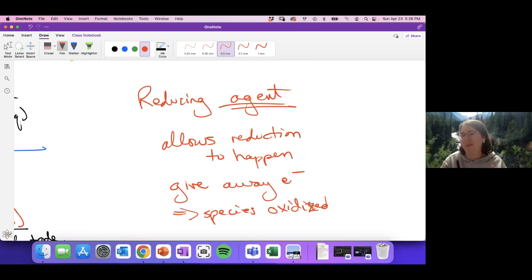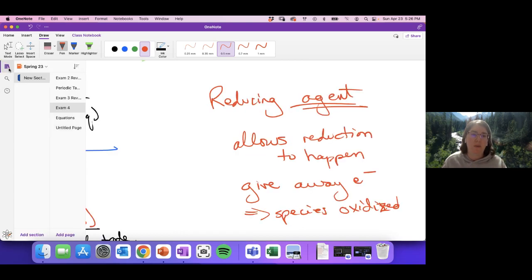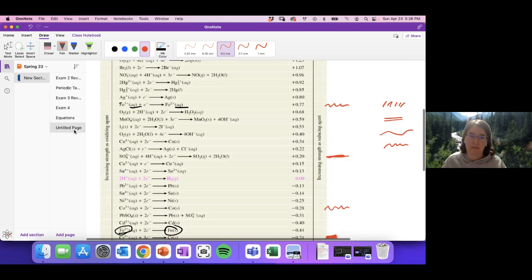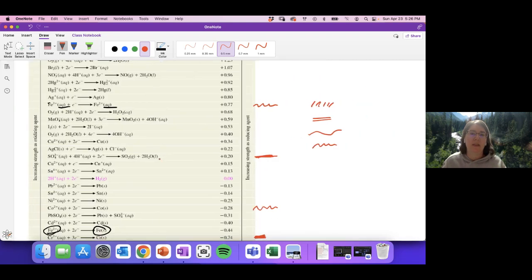Now, there's a couple of things with this that are really important. So when we turn to the table, when I say that I want a reducing agent, I want something that's easily oxidized. So the strongest reducing agent, and you can actually see there's arrows on here to help with that.